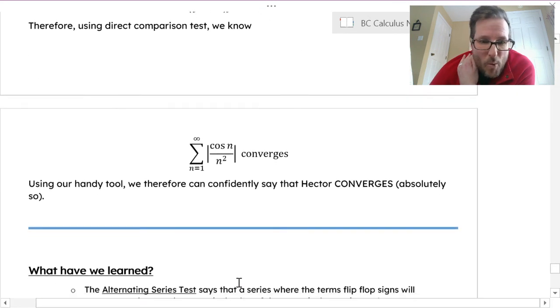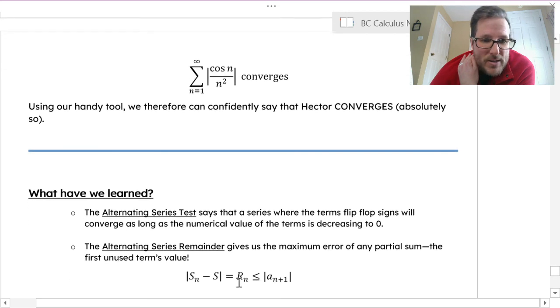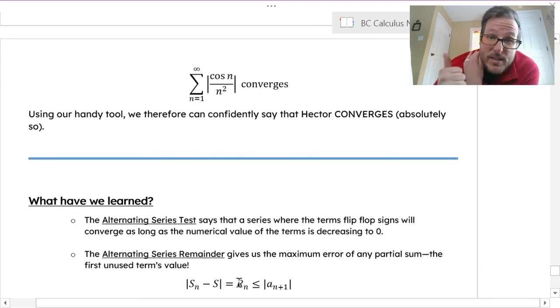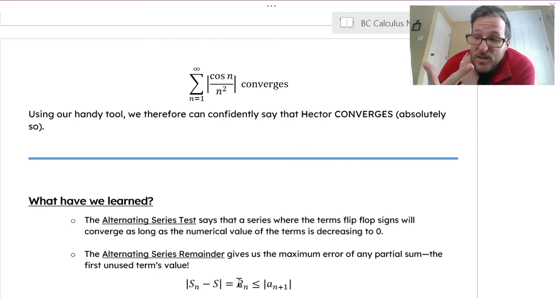So overall, what do you need to know about alternating series? The alternating series test says the values have to get smaller and trend to 0. If they do that, the alternating series converges. Alternating series remainder, which is wicked cool, tells us that we can approximate an alternating series sum to within a certain tolerance. The first unused term is the maximum error.